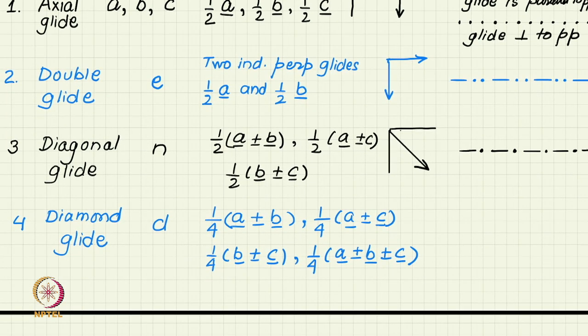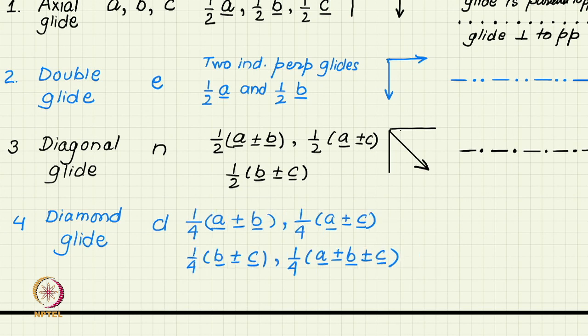Now the symbol will be just like we had for the diagonal glide, but we have another line with an arrow pointing in the other direction, because this is to note that the diamond glides always occur in pairs.